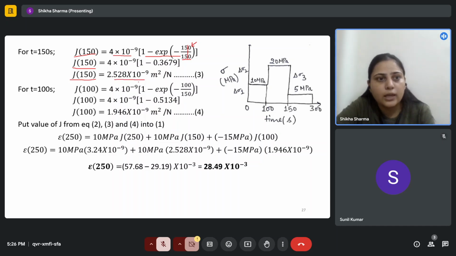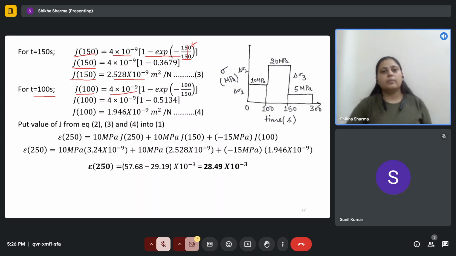And we'll calculate for time equals 100 seconds. The creep compliance equals J naught, the initial creep compliance, 4 into 10 to the power minus 9, multiplied by 1 minus exponential minus the time, 100 seconds, divided by the stress relaxation time, 150.